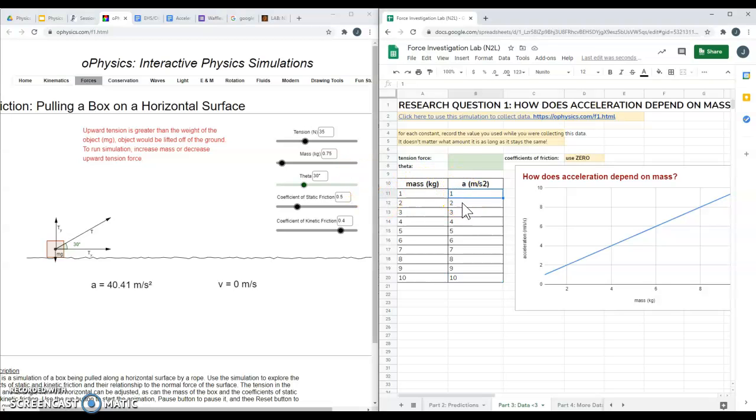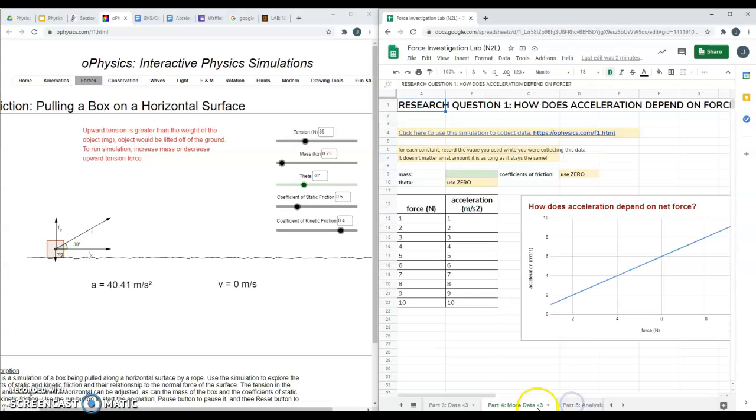These values entered for acceleration, you are going to want to record down here. You'll see the acceleration in the bottom left corner of your simulator, and you'll want to record that for each of your masses and look at the relationship that we have. Is it a linear relationship? Is it an exponential relationship? That's up to you to see.